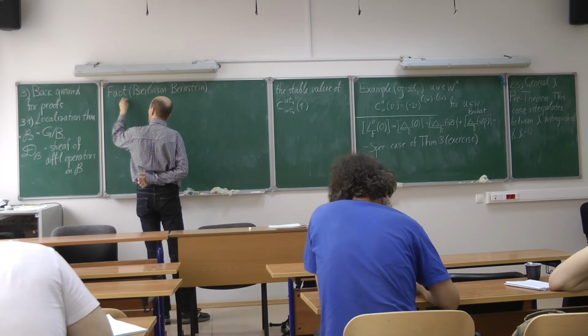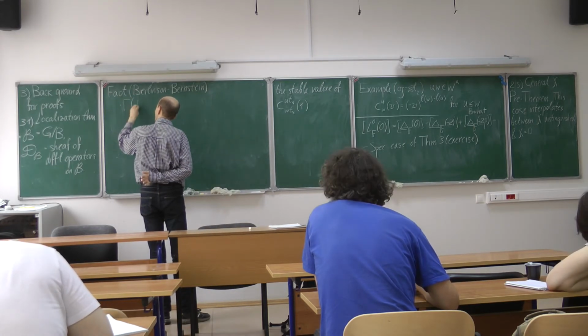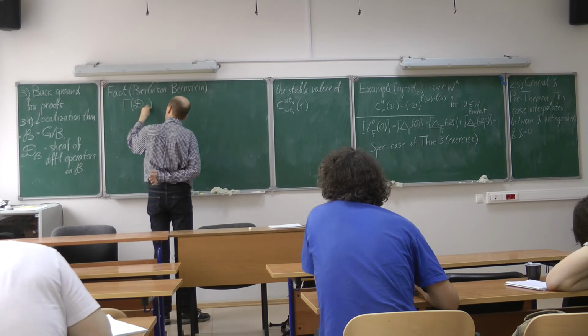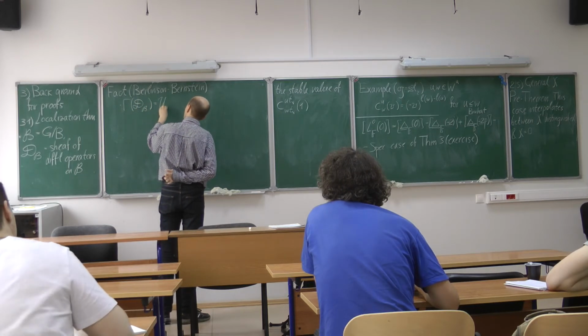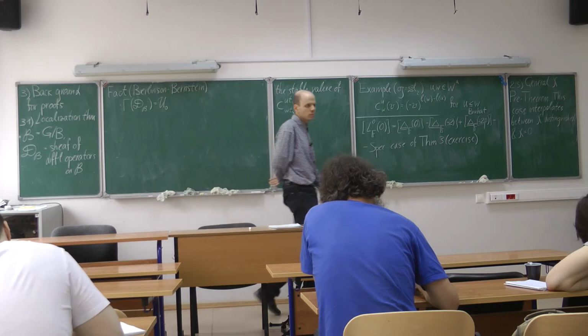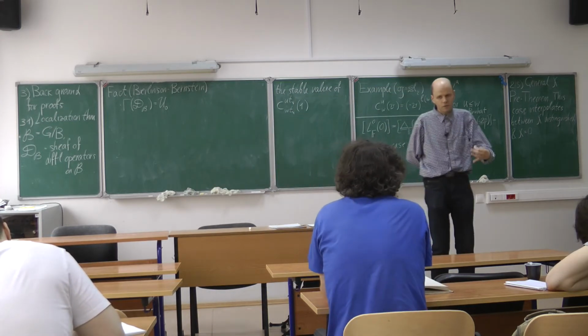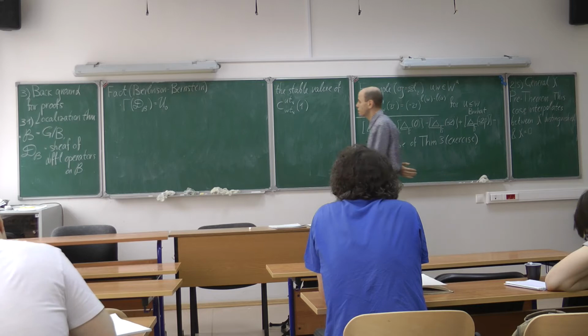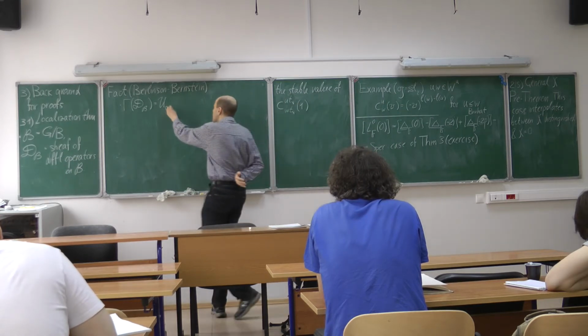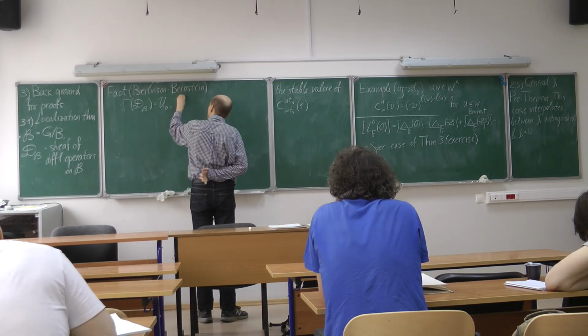First of all, the global sections of D_B is U_0, the central reduction of U(g) at zero central character. And there are no higher cohomology.